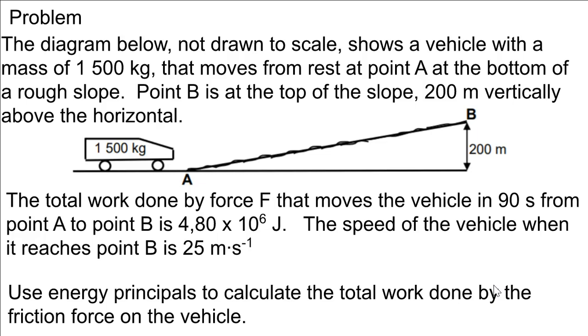The total work done by force F that moves the vehicle in 90 seconds from point A to point B is 4.8 times 10 to the power of 6 joule. The speed of the vehicle when it reaches point B is 25 meters per second. Use the energy principles to calculate the work done by the friction force on this vehicle.